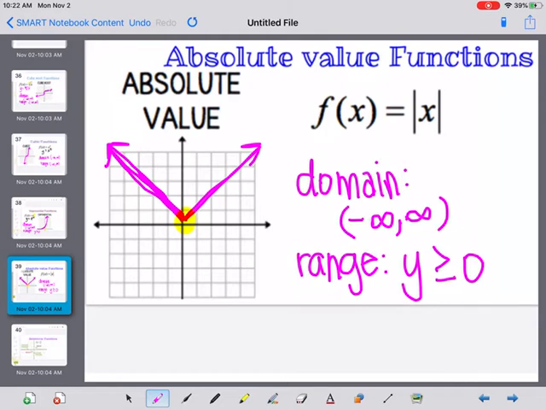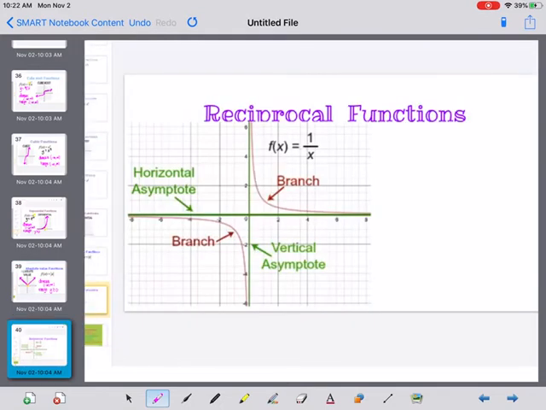And the last function you're going to have, and I'm going to put this whole video that we're going through on our Google Classroom, is your reciprocal function. And you notice that your reciprocal, what does the word reciprocal mean? You guys know what reciprocal means. What does reciprocal mean? You do the opposite. It flips, right?